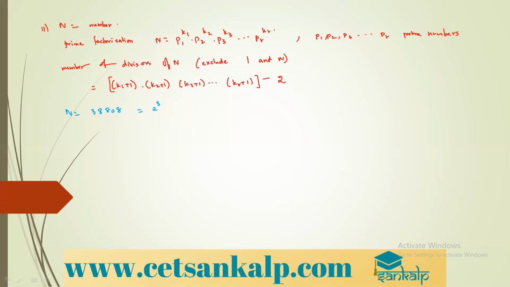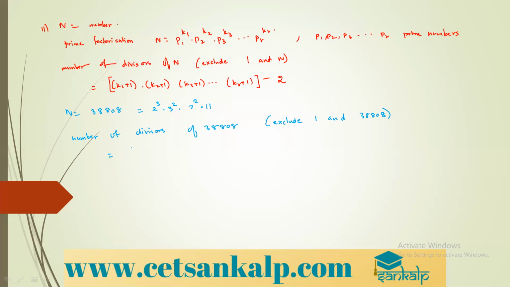So if you want to find the number of divisors of 38,808, but don't include 1 as a divisor and the number 38,808 itself as a divisor.